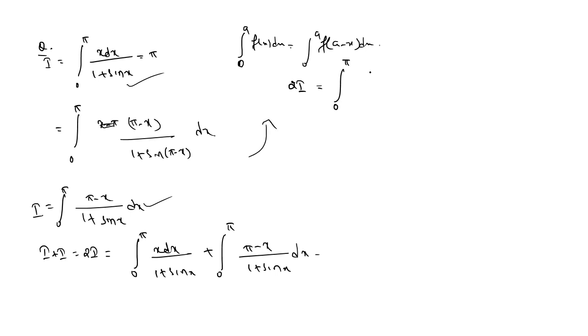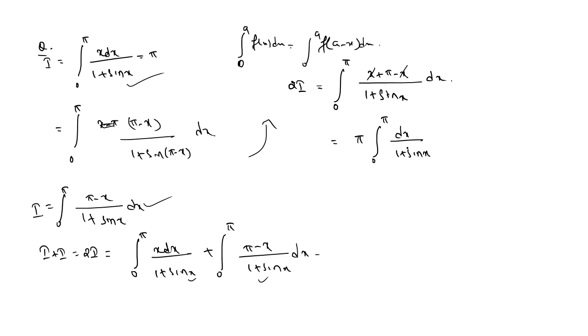So 2I, then x plus pi minus x divided by, because the LCM is the same in both, 1 plus sin x dx. Okay, so now here x and x cancel. Then pi is the constant, so taking it outside, pi integral 0 to pi dx divided by 1 plus sin x.